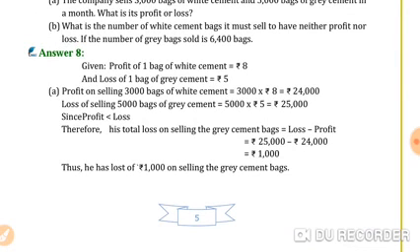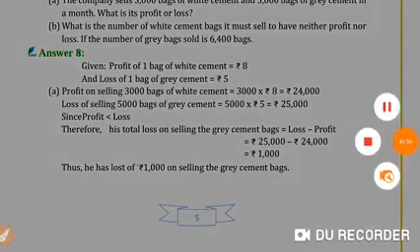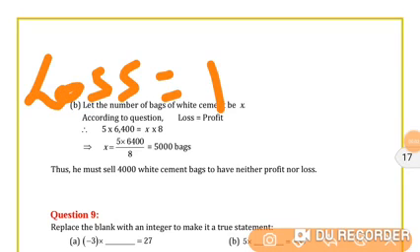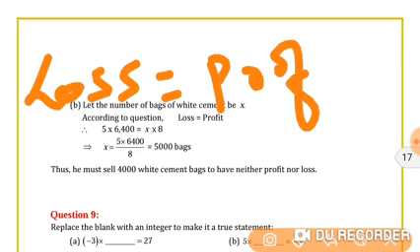Then only it will become equal. Nothing loss, nothing profit. So how many? So loss equal to profit.